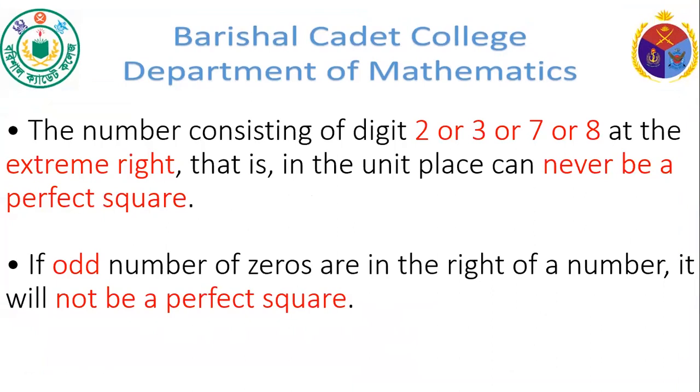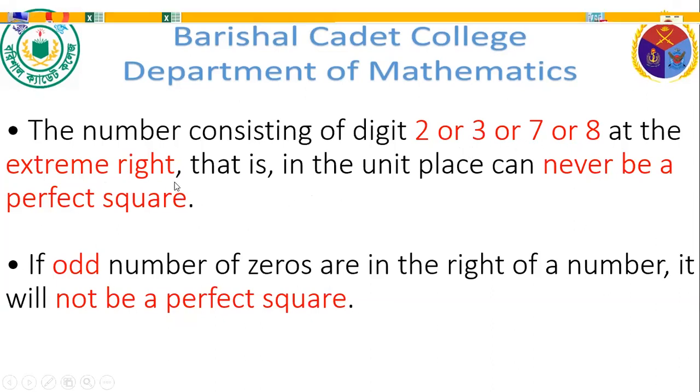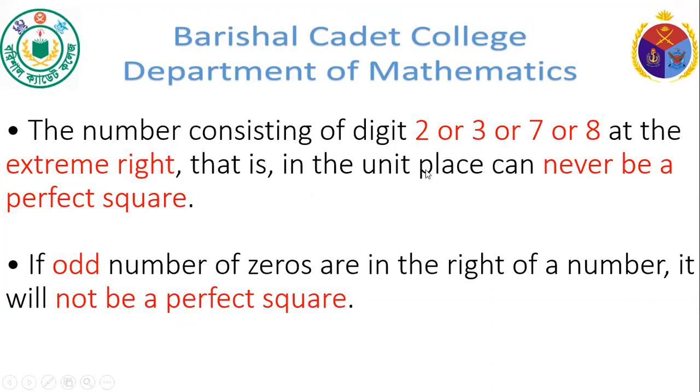Boys, pay attention attentively. A number consisting of the digit 2 or 3 or 7 or 8 at the extreme right, that is in the unit place, can never be a perfect square.